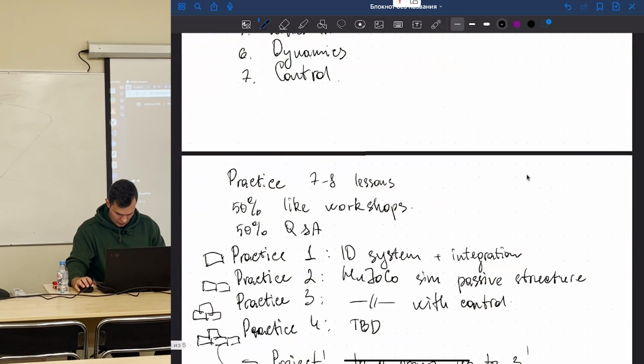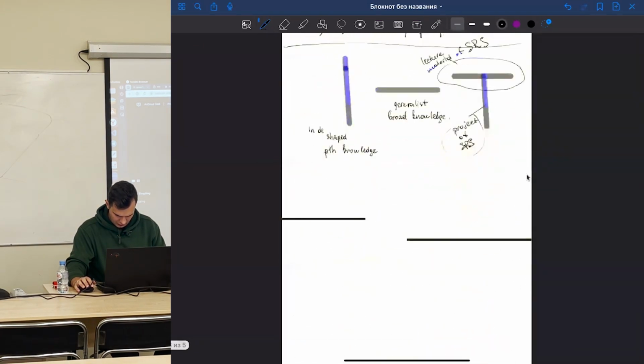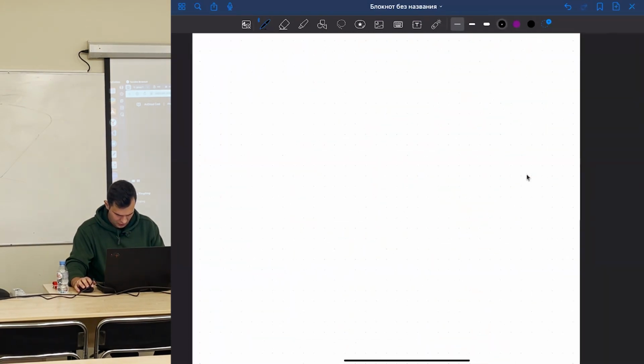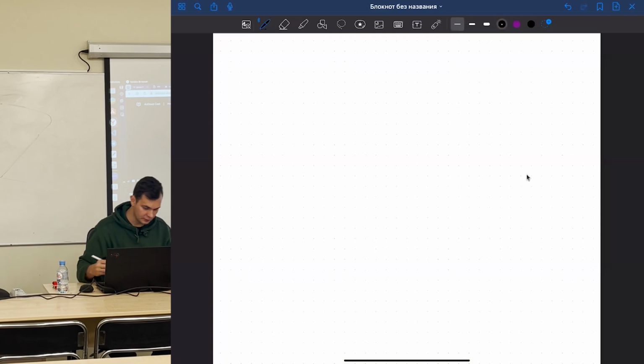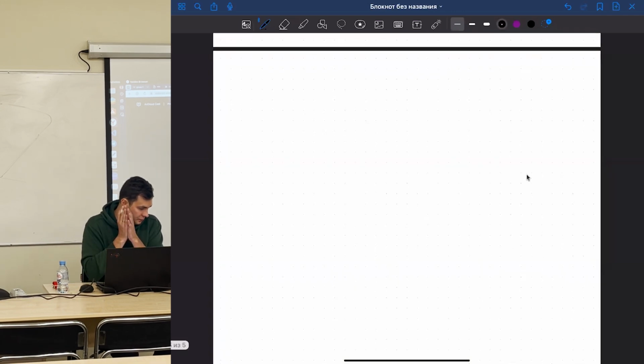So this was general information. Let's do some kind of modeling right now. We will start with a mass spring system, like the simplest dynamical system.